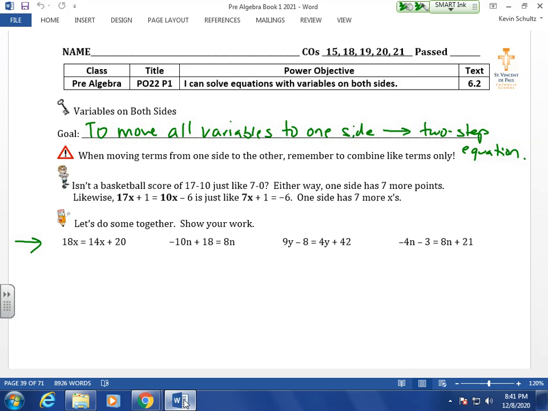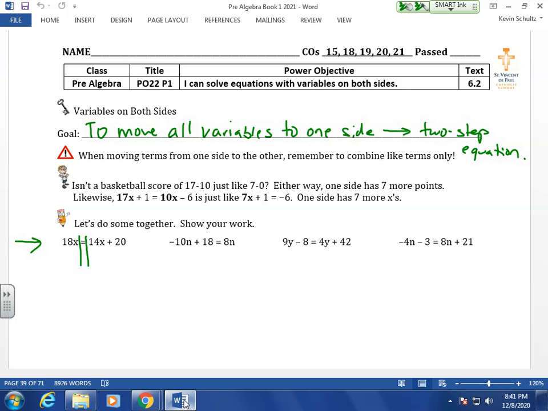It says 18x equals 14x plus 20, right? Essentially what this is saying is that, here's our equal sign here, right? So on the left side, we have 18x's. On the right side, we have 14x's with a constant of 20, okay?